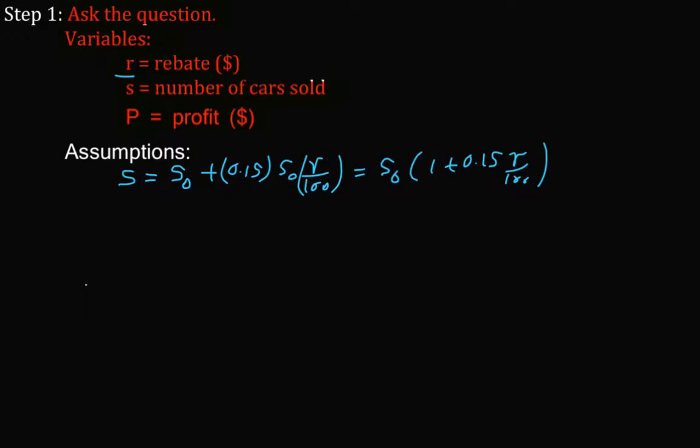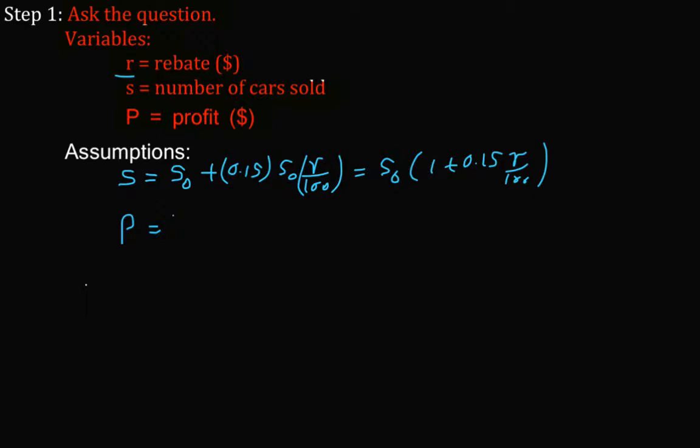Now write an equation for the profit. So profit P equals how many cars they sold, S number of cars, and what is the profit, 1500 from each car.